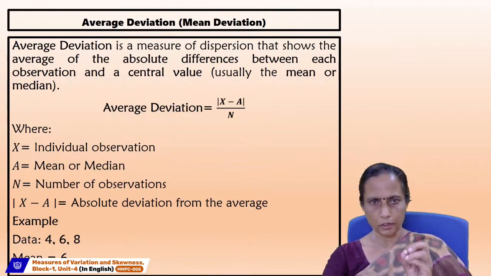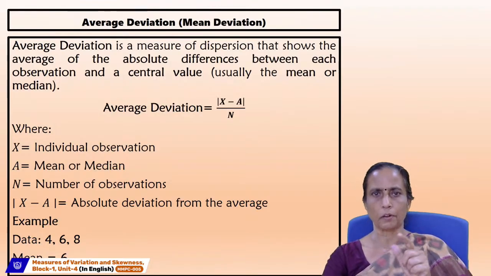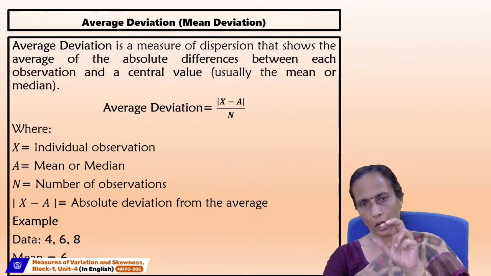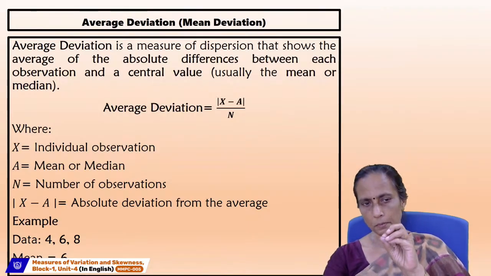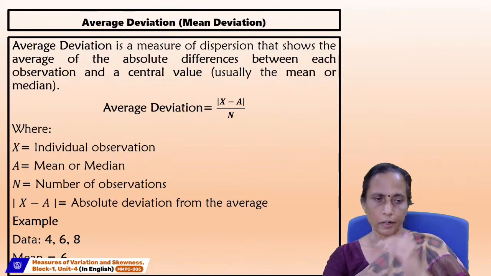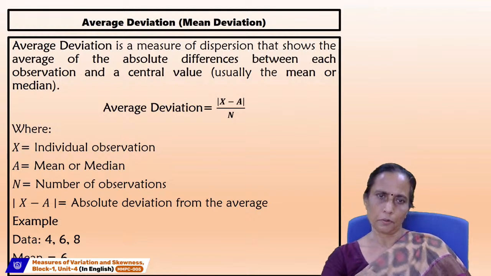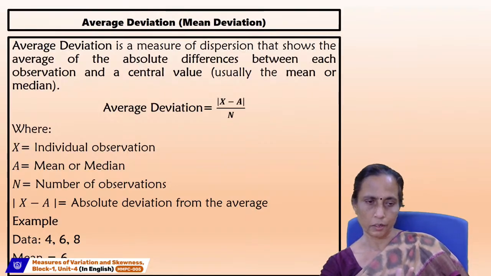That is, average deviation or mean deviation is equal to the sum of the absolute value of x minus A, where x is the individual observation and A you may consider as mean or median, divided by the number of observations. By absolute deviation, I mean we will be taking the deviation ignoring the sign, positive or negative.